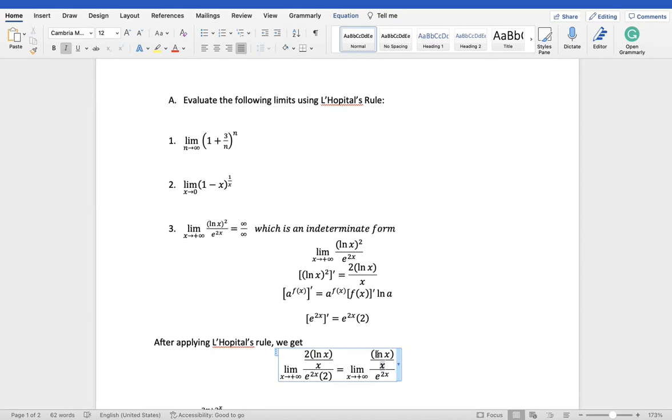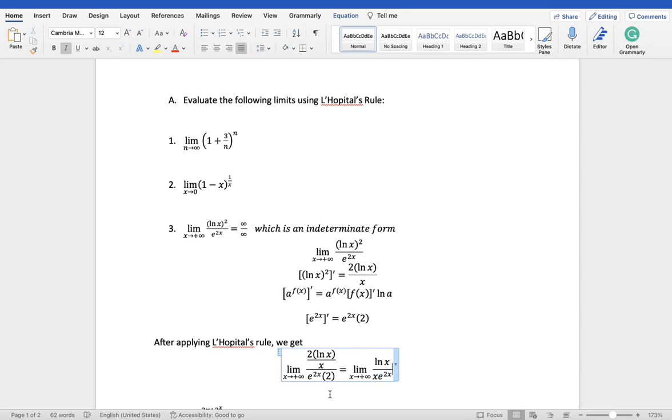When you divide two fractions, you take the first fraction multiplied by the inverse of the second. You guys know how to do this. So this will just become ln x divided by x e to the 2x.